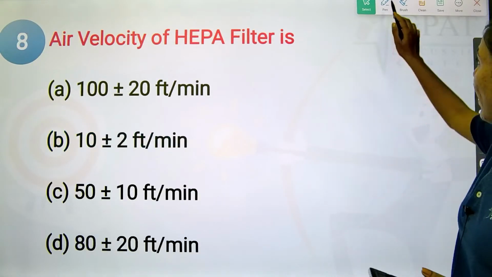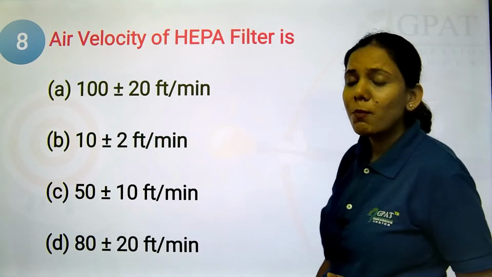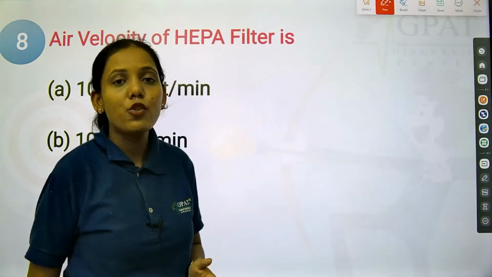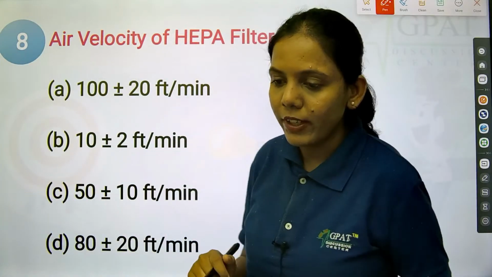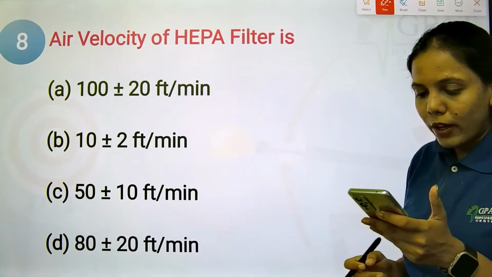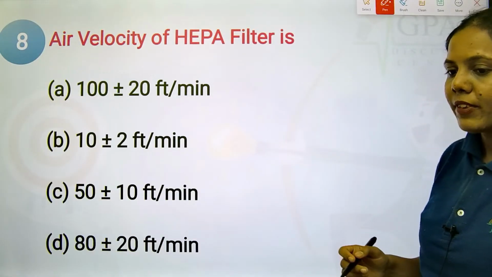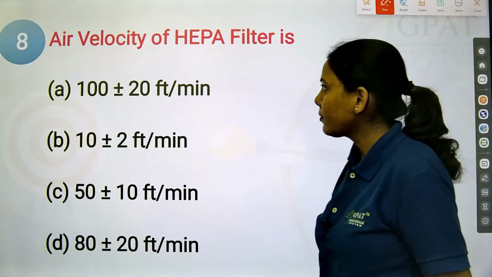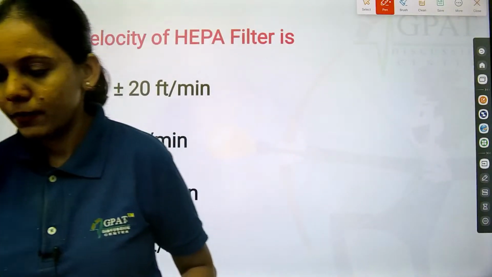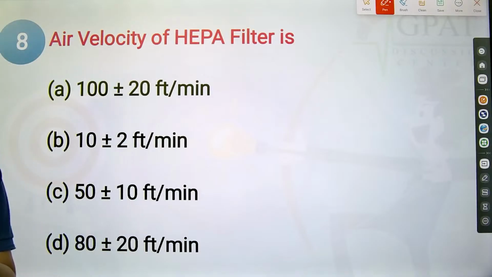Very good. Now, air velocity of HEPA filters, most important, like we have seen so many times. What is the specification for the HEPA filters? Can you guess what is the answer? HEPA filters, air velocity. What is the air velocity of the HEPA filters? Yes, what is the efficiency of HEPA filters?